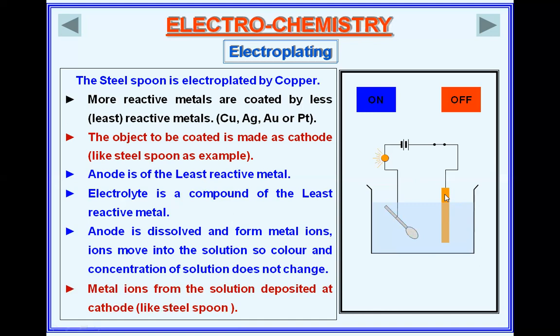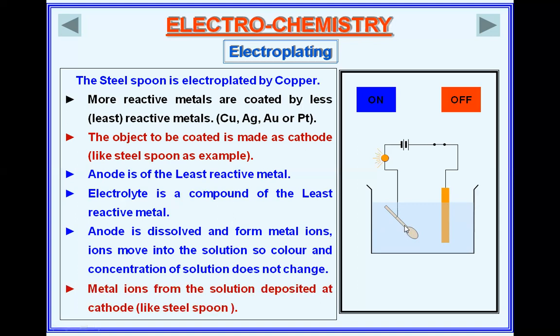The metal rod connected to the anode dissolves in the solution. It produces copper ions in the solution, and these copper ions travel towards the cathode, which is the steel spoon, and are deposited onto this spoon with the help of the current. Gradually, the copper anode dissolves in the solution, producing copper ions. That is why the color of the solution does not change.